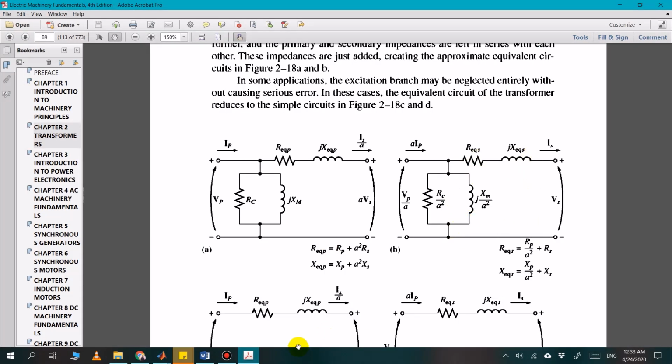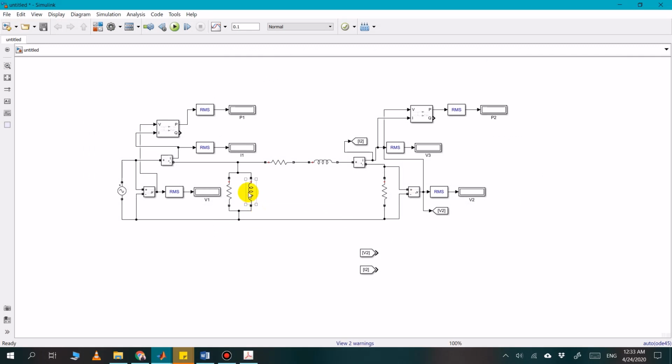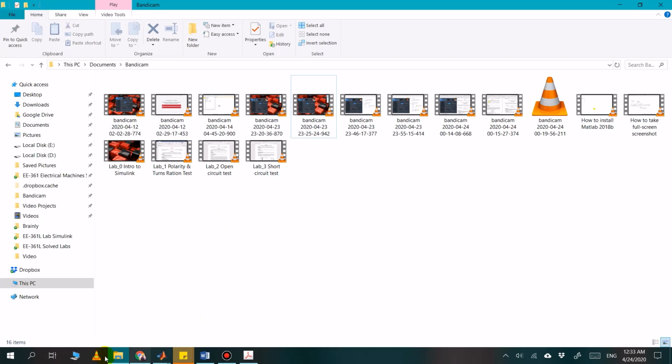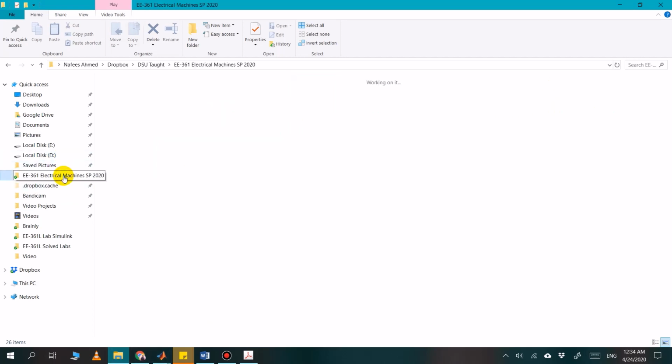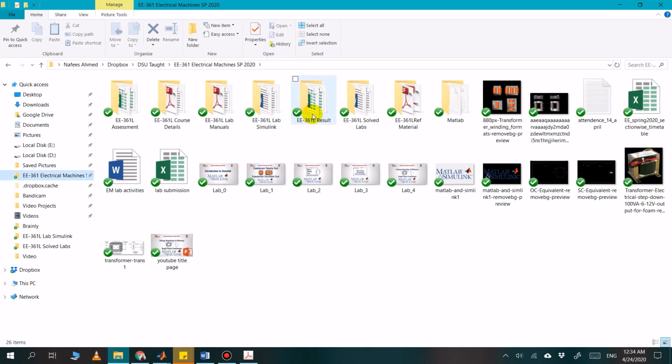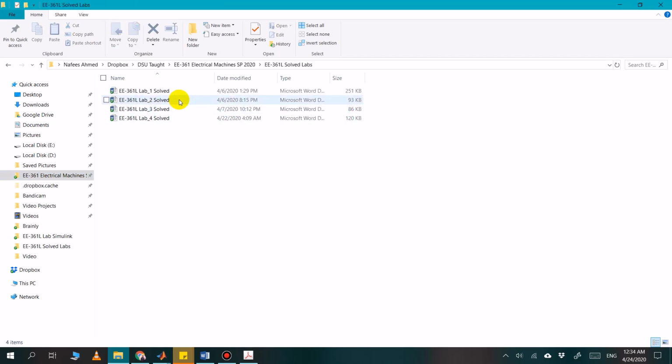Now we have to enter the values of these parameters that we have from lab number 2 and lab number 3. So go to lab number 2.